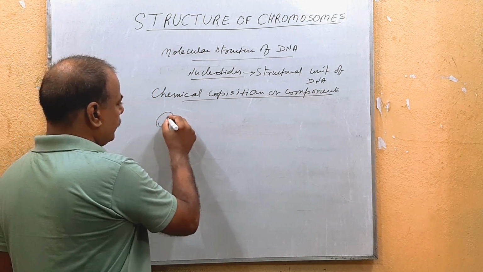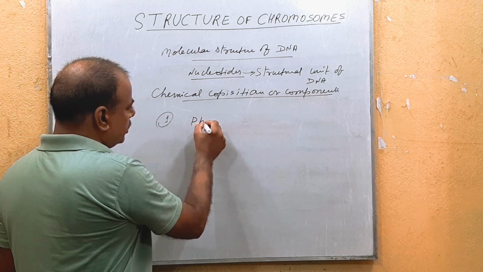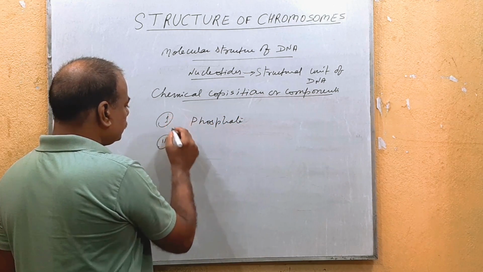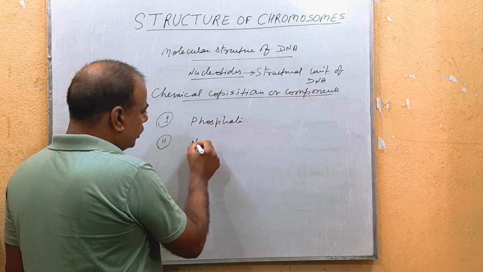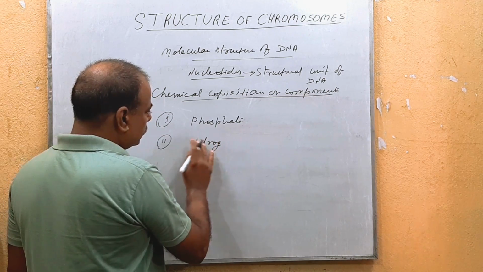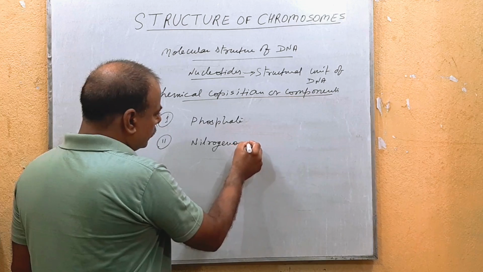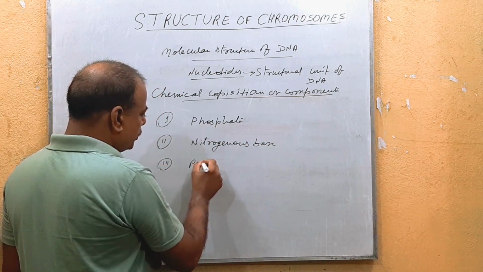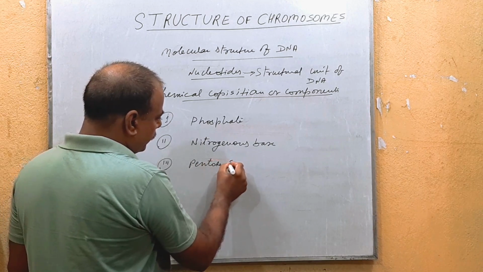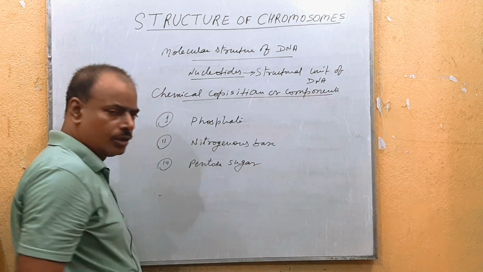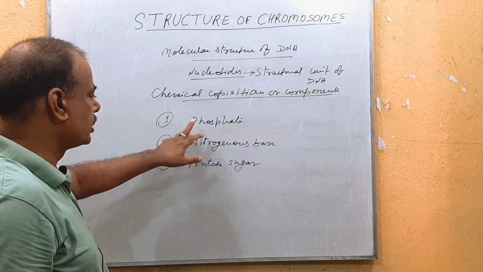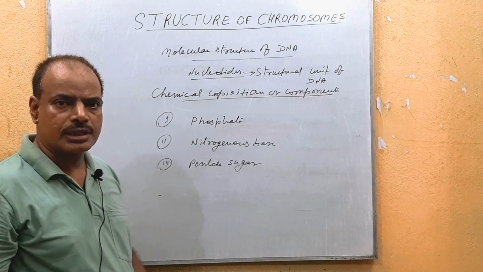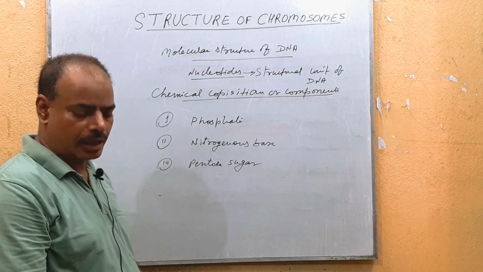Number one, phosphate, number two, nitrogenous base, and number three, pentose sugar. So these are the chemical substances: phosphate, nitrogenous bases, and pentose sugar. These are the three components of DNA.